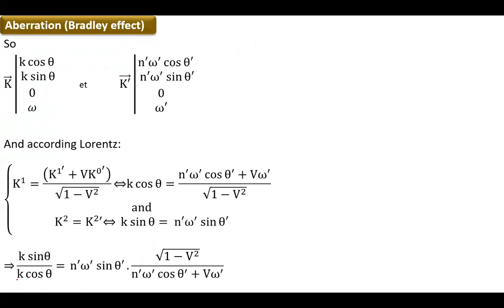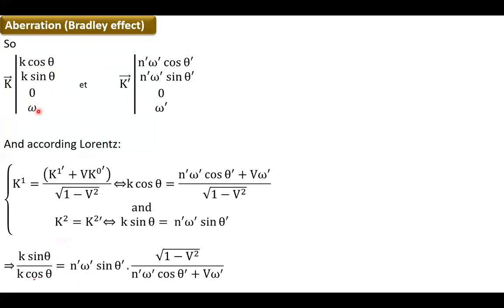So the aberration. If you go back to K, it's K times the unit vector. It's K cosine theta, K sine theta. It's the coordinate X of K. So it's K1 cosine theta, K2 sine theta, 0, omega.